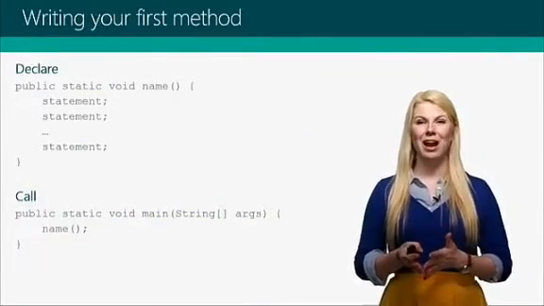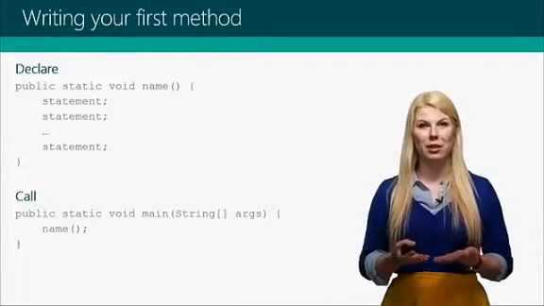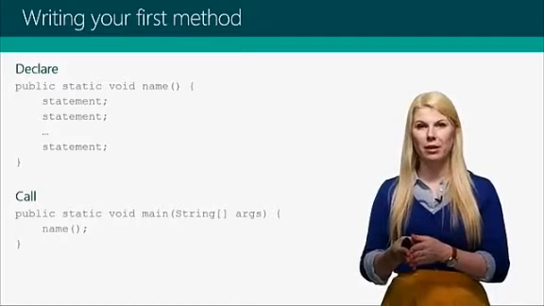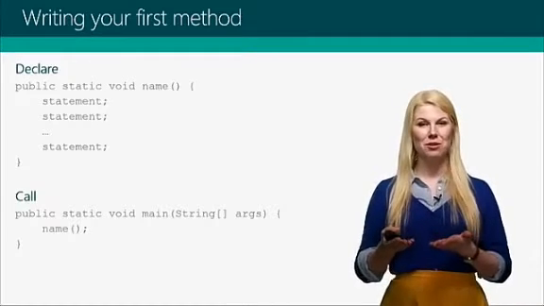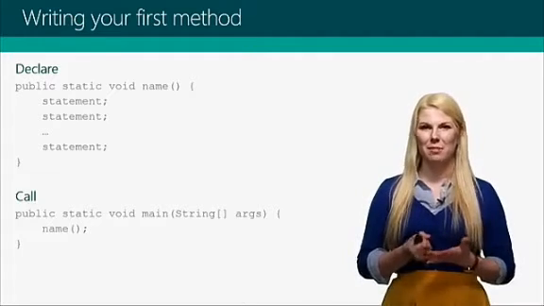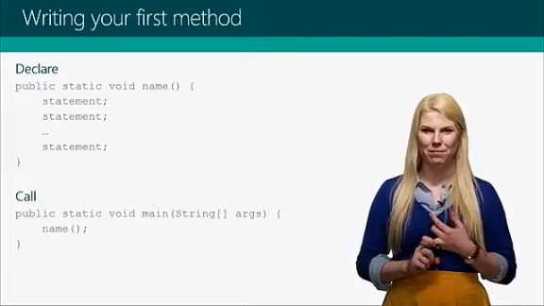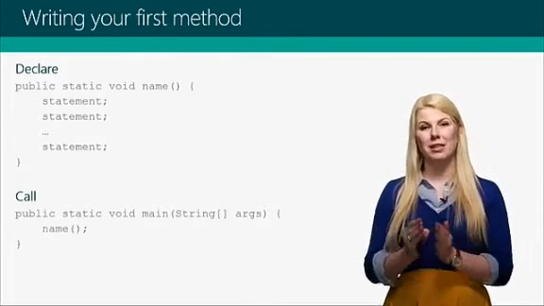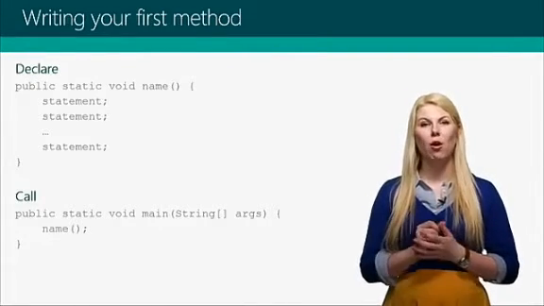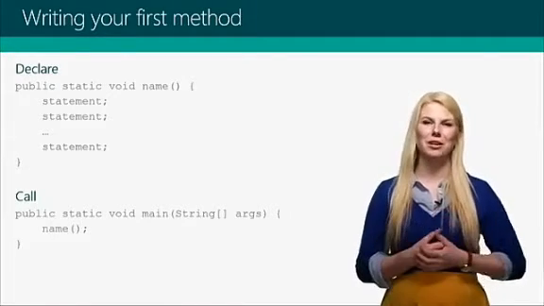Here's the syntax for how to create your own methods. It looks very similar to the main method, public static void, but then instead of main, you give it your own name. Remember, you should follow Java's naming conventions, so no spaces and camel casing. After your name, you put a set of parentheses, and then an open curly brace, and then all of the statements that you want, and then a closing curly brace.